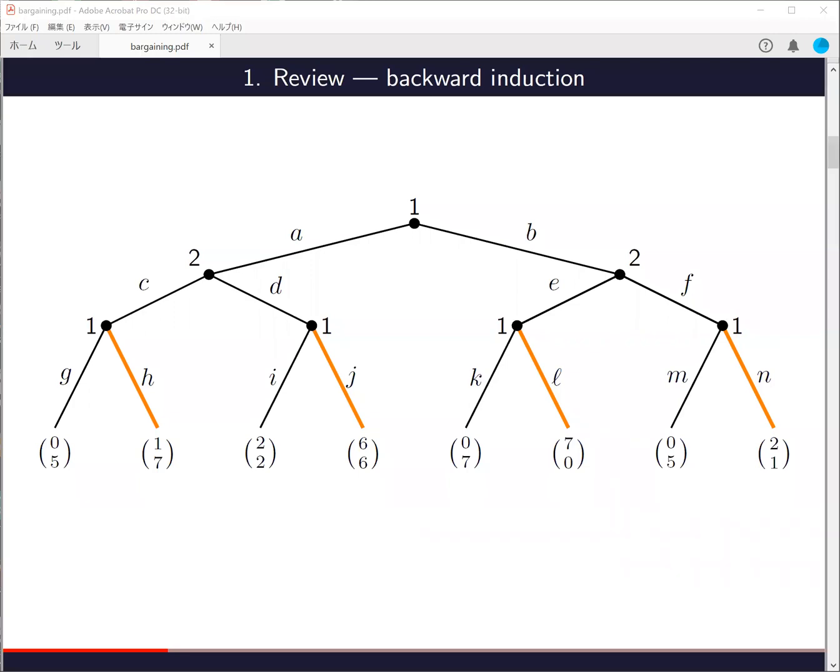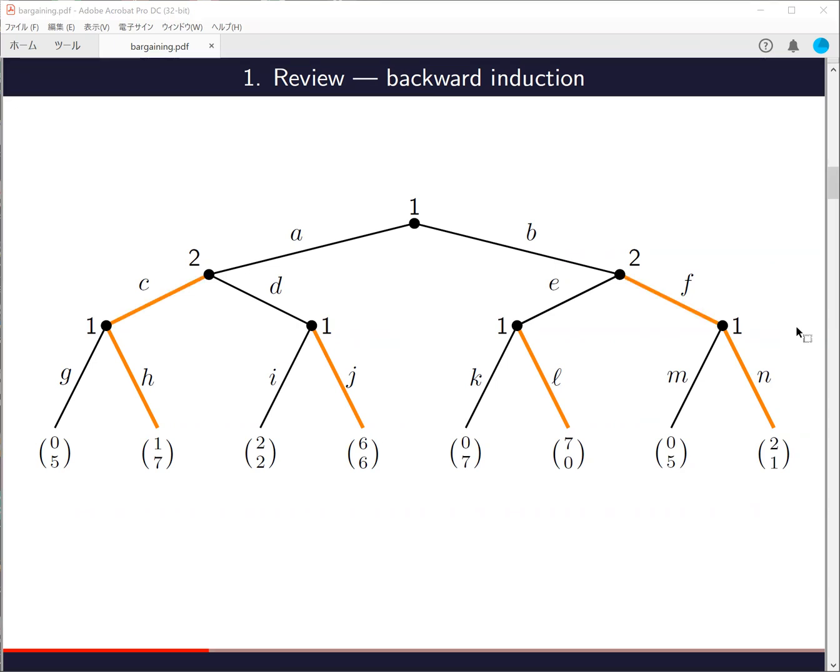Now, we derive subgame perfect equilibria of this game by backward induction. We derive the best response of player 1 at each terminal node first, which is indicated by the orange lines. Given these best responses of player 1, player 2 now decides what to do at each of her information sets.